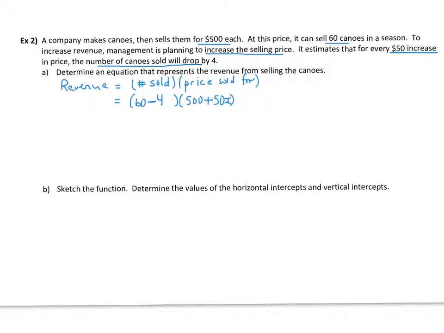So for every x, every $50 increase in price, the number sold will decrease by groups of 4. So my let statement here would be: let x represent the number of $50 increases in price.